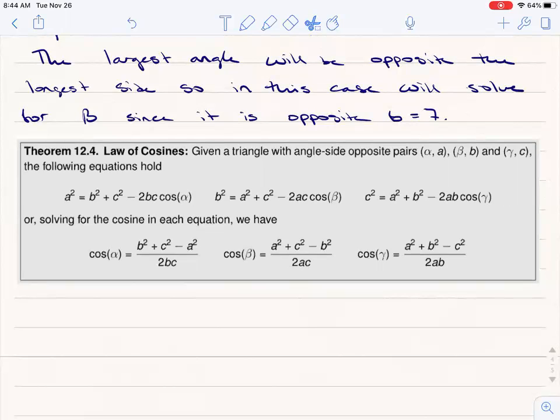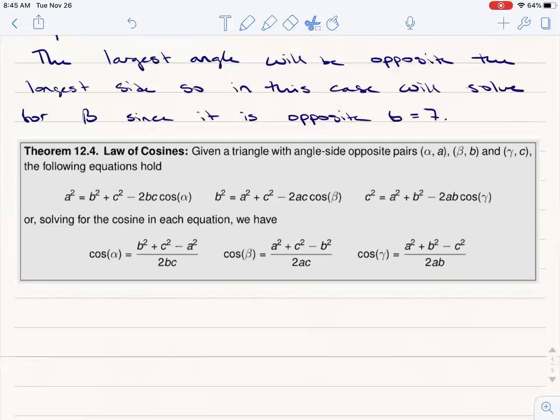So if we're solving for beta, let's just go ahead and use cos beta as a squared plus c squared minus b squared over 2ac. Or you could use the one with beta, so b squared equals a squared plus c squared minus 2ac cos beta, and solve for cos beta, but we don't need to because it's already given to us.